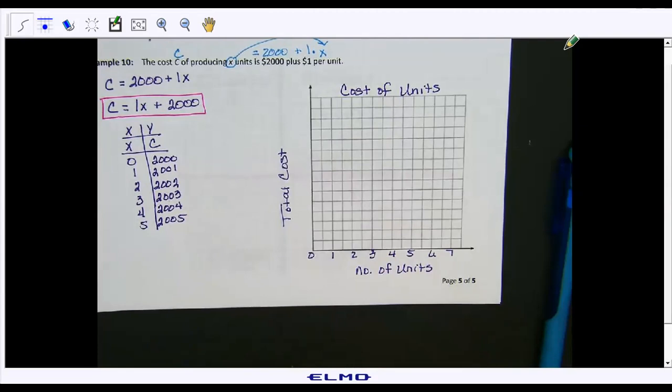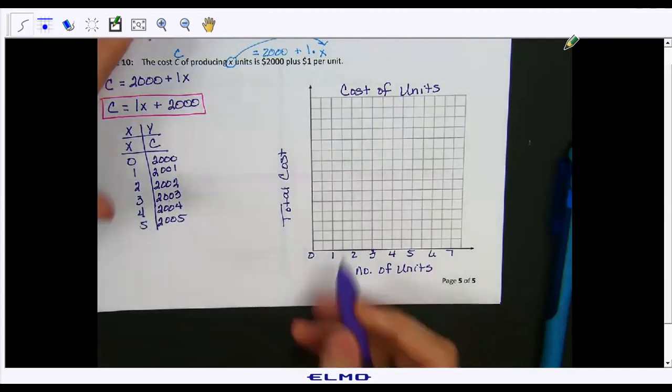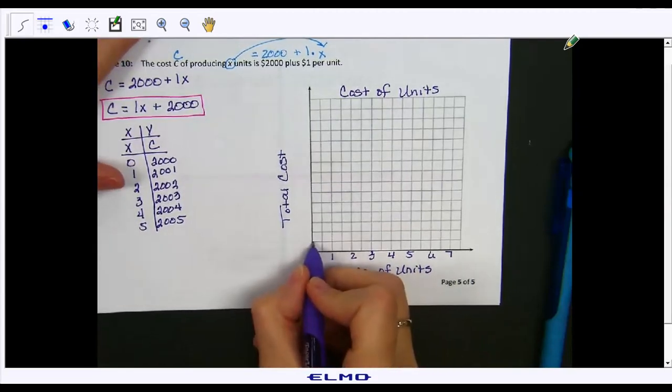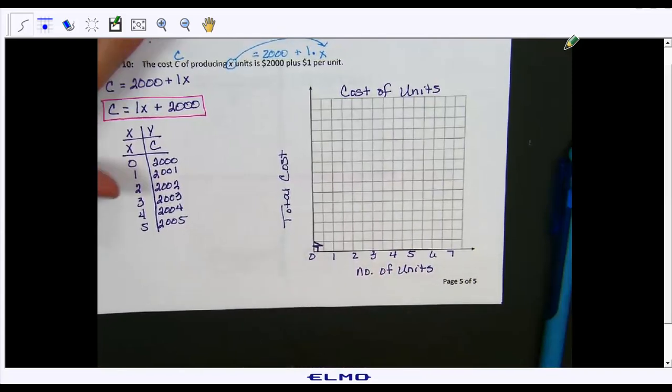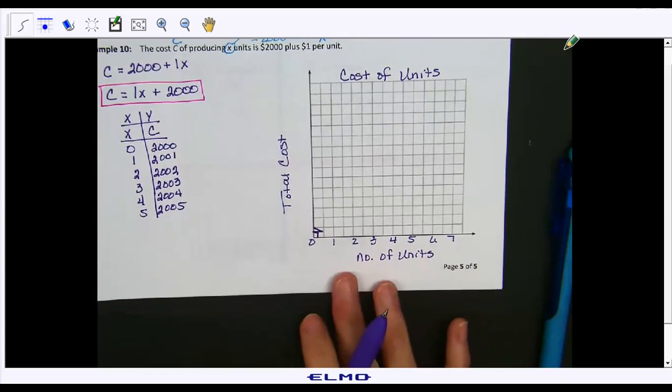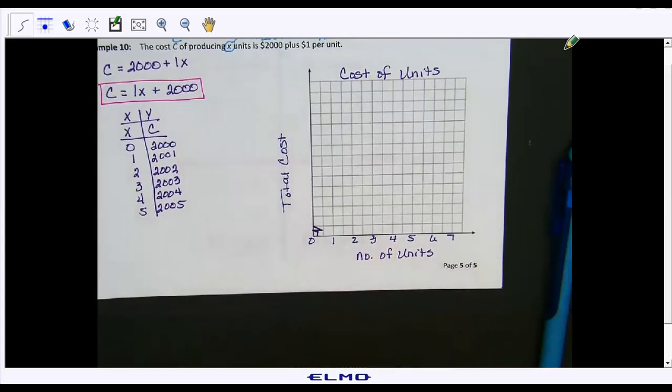And this is what a break looks like. Okay, you start in the corner of your box and you do this little triangle thing. And then it almost looks like something on one of those heart monitors. Okay, but that is just a break. That's telling me there's going to be a gap between my origin and the first number.